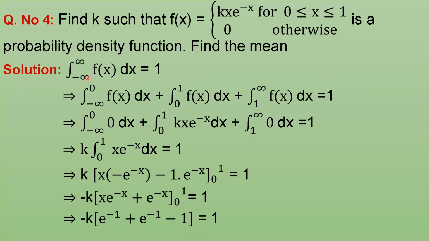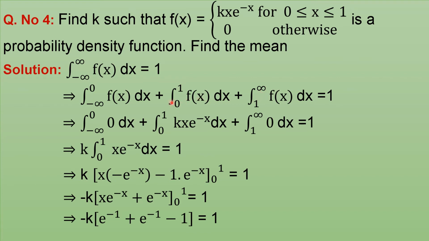Now split this integral from minus infinity to plus infinity as minus infinity to 0, then 0 to 1, then 1 to infinity. Sum of three integrals, integral from minus infinity to 0 plus integral 0 to 1 plus integral 1 to infinity.